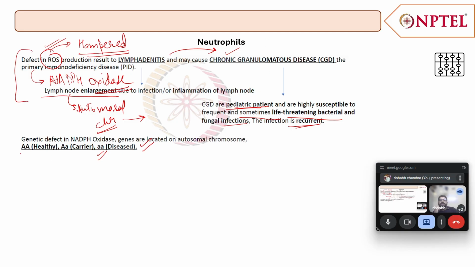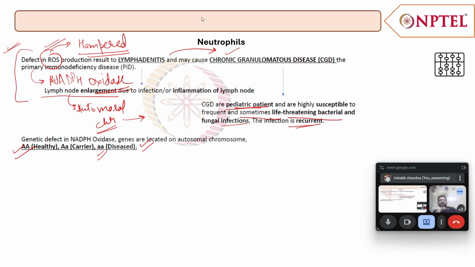Okay, and the dominant one would be healthy. So this is a major disease due to a defect in the NADPH oxidase, which can be present in either neutrophils or macrophages, that results in lymphadenitis.